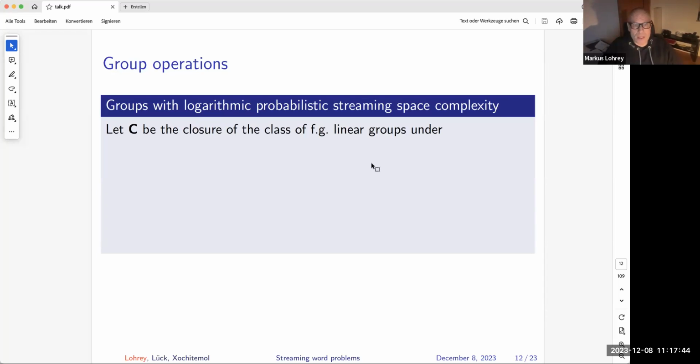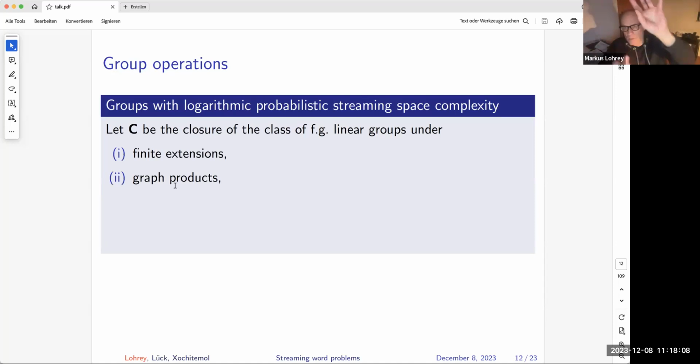And there can be something done, namely, take the class C. C is the closure of the class of finitely generated linear groups under the following operations: finite extensions, graph products. So not graph of groups, graph products, where you have groups, you take the free product, and then some groups are connected by edges in a graph, and those groups are allowed to commute, the classical graph product construction.